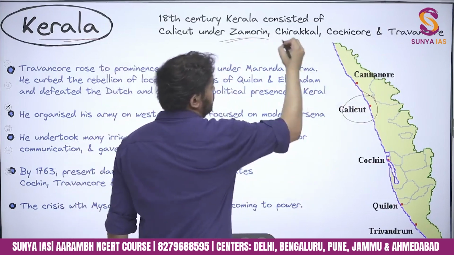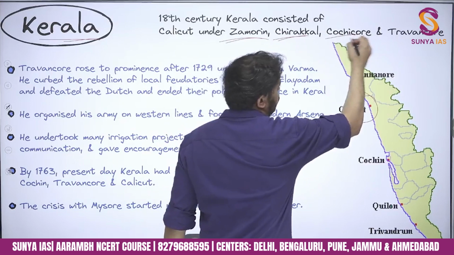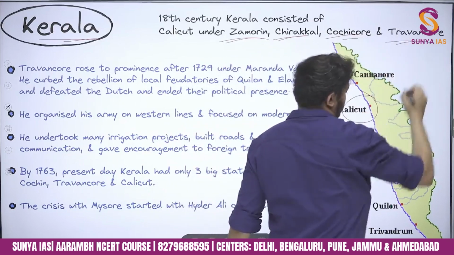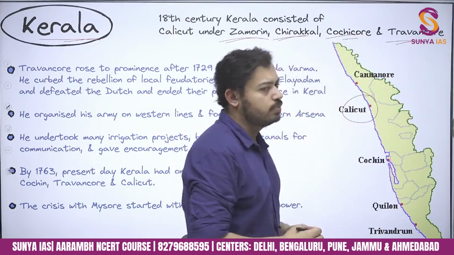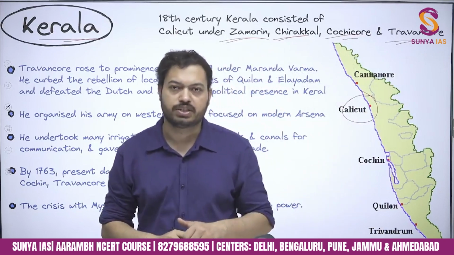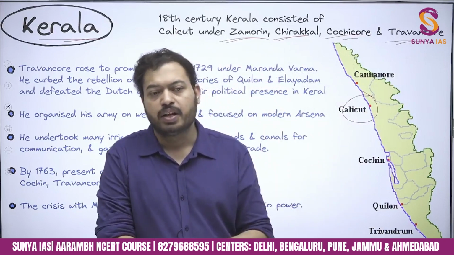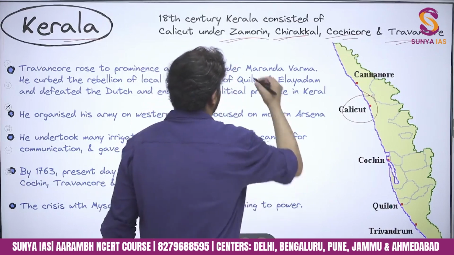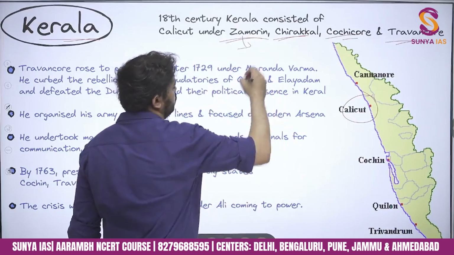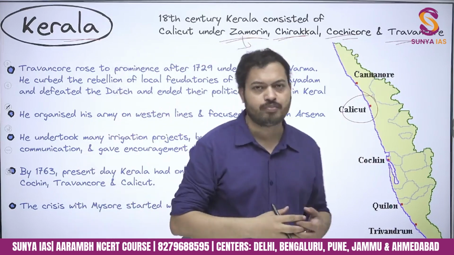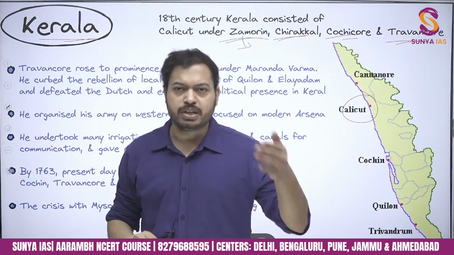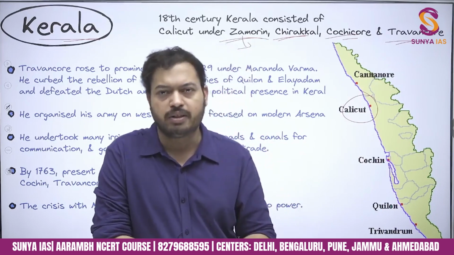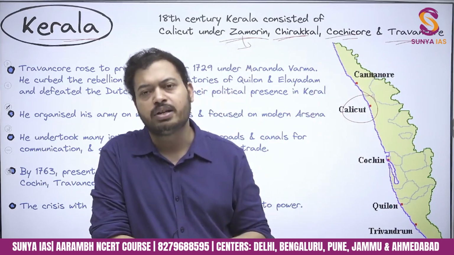Then Chirakkal, Kochi, and Travancore. Over a period of time, the Zamorin will lose a battle to Hyder Ali of Mysore, and then will burn his own family along with himself. That's how his dynasty will end.